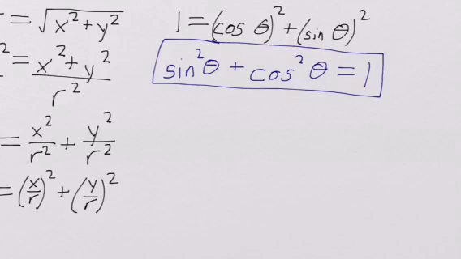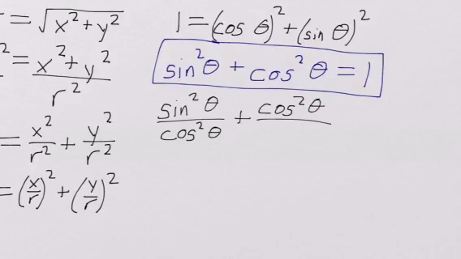But let's have a little bit of fun with this equation and divide both sides of it by the cosine squared, or square the cosine of theta. So we end up with sine squared theta divided by cosine squared theta plus cosine squared theta over cosine squared theta is equal to 1 over cosine squared theta.